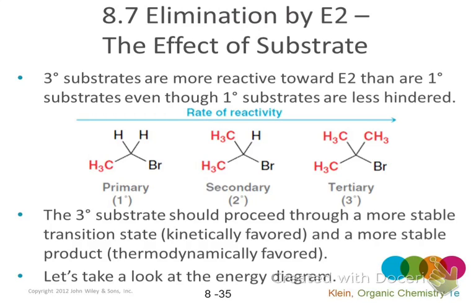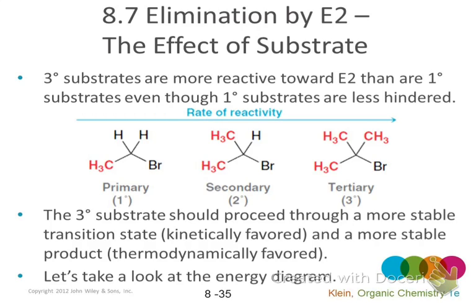And as it turns out, degree of substitution is important. More substituted is faster. What does that sound like? More hydrogens? That's actually a good argument, but it turns out they've studied that and it's not true.